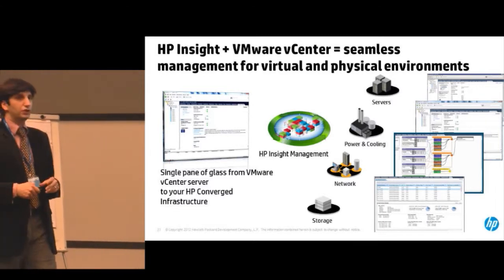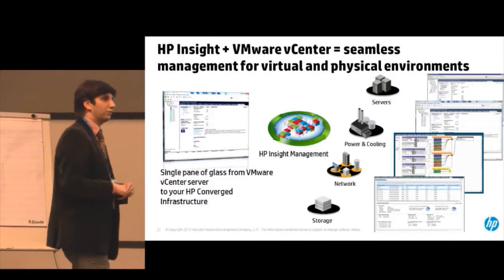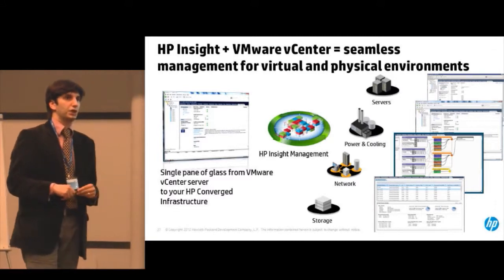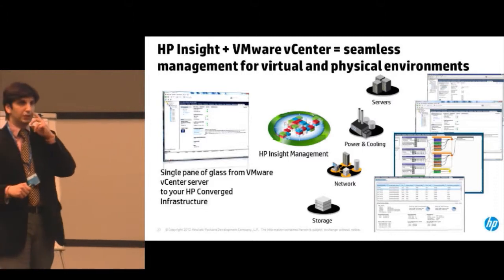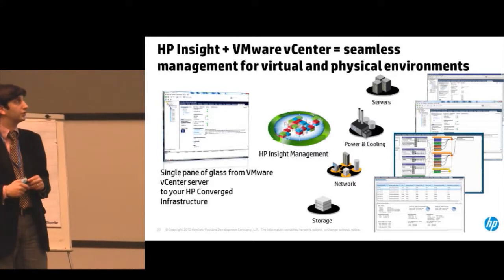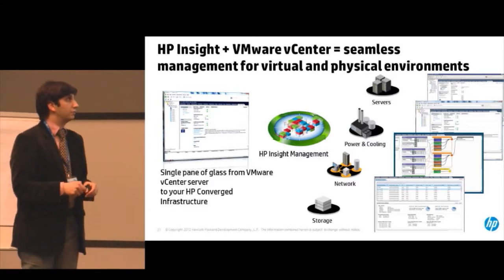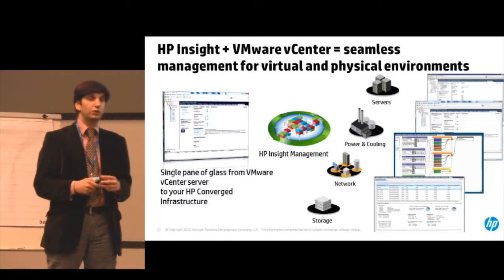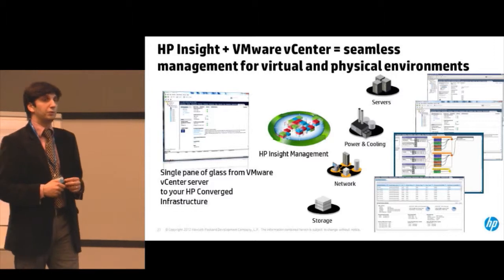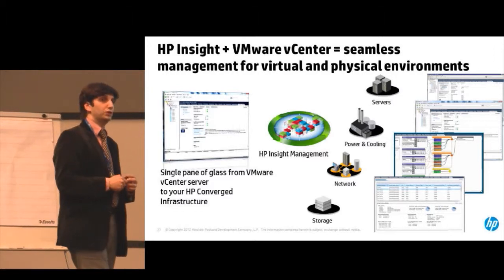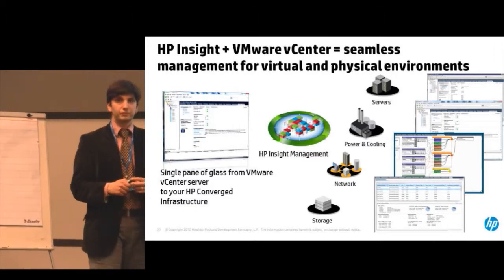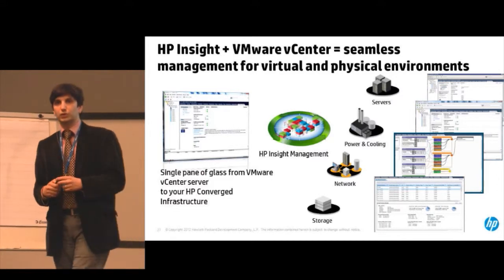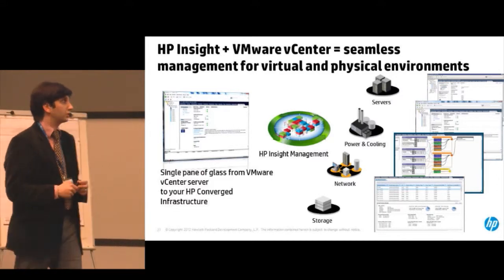So if you have the Insight Control license for your ProLiant server or Blade, which is actually not much more expensive than the Insight iLO Advanced license, you get these plugins. So you just go and expand your vCenter configuration to provide you a management interface which can look not only into your virtual infrastructure, but also into your hardware infrastructure.